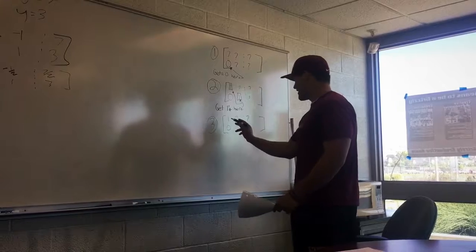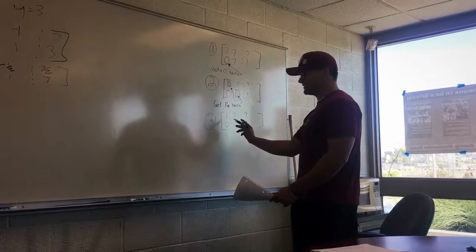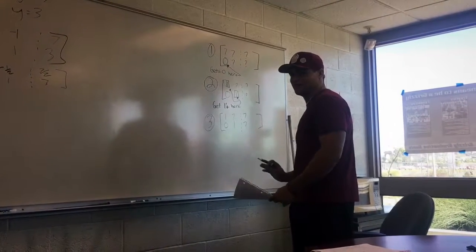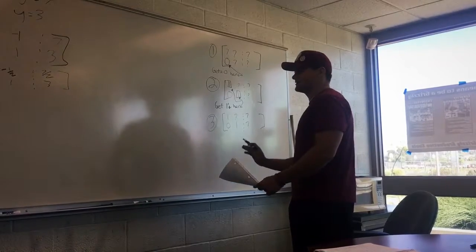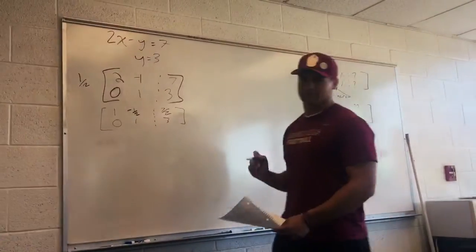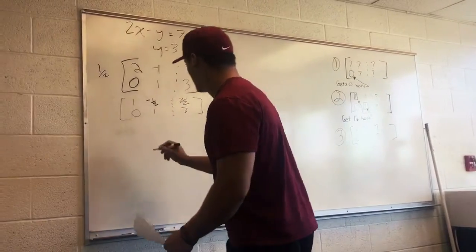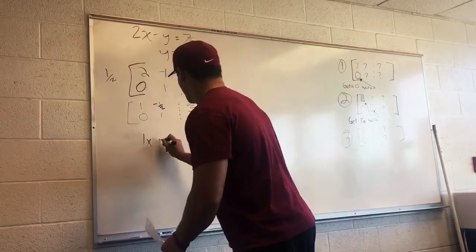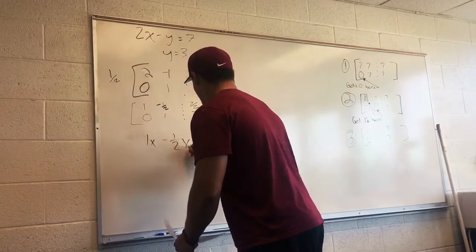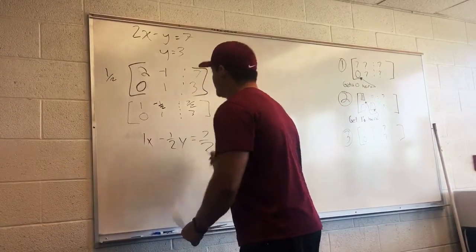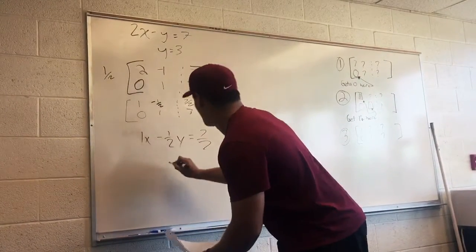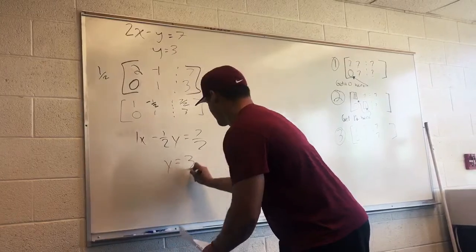So once we have a 1 and a 0 in the correct positions in the augmented matrix, the next step is to change it back to equation form. So for this case, we have 1x minus 1/2 y equals 7/2, and then y equals 3.